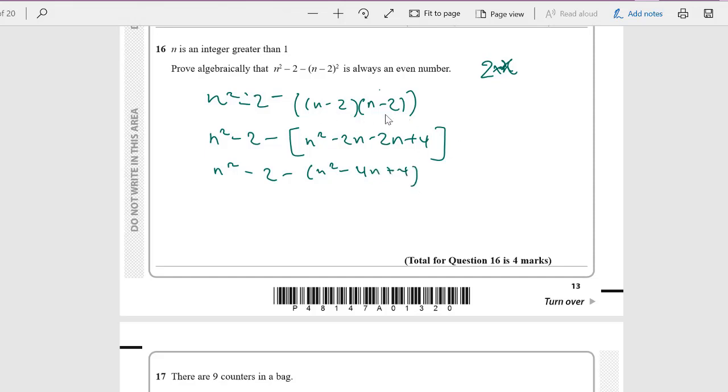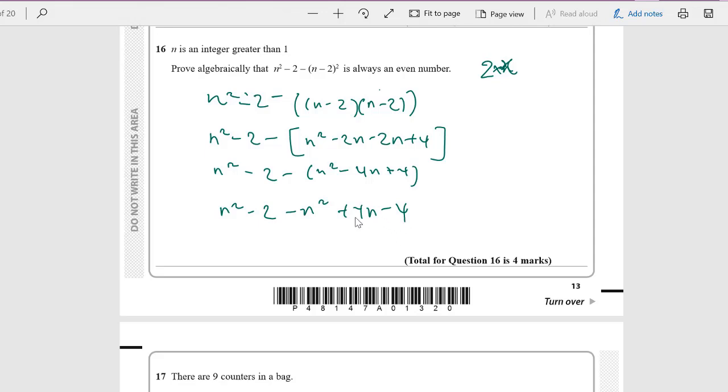So literally all we've done here is we've expanded this and then collected the like terms, and then I can open up now this to the other part of the expression. So n squared minus 2 minus n squared plus 4n minus 4.